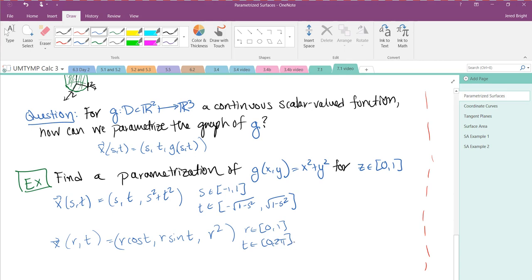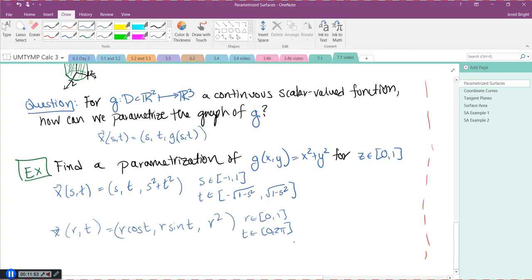Okay, so with all these, there isn't necessarily a unique parameterization. You could parameterize any of the examples that we did in different ways and still get the same surface. Just make sure to, A, check your answer, but B, know that your answer might not be necessarily the same as what others get.